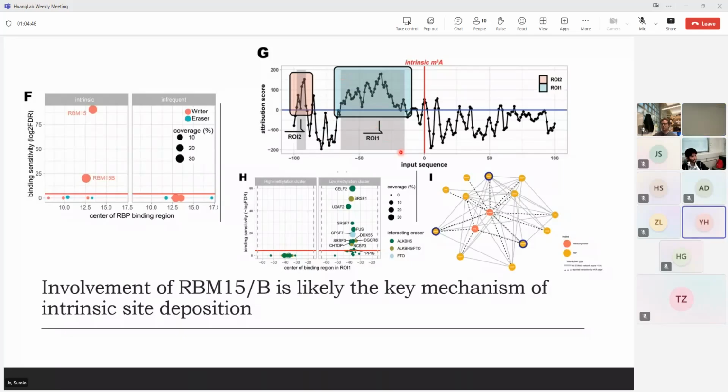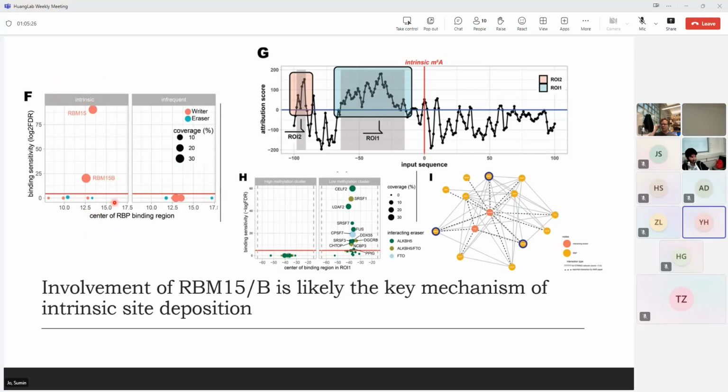Sorry, I want to jump in just to give a little background on why you're doing this. In the figure, you showed that RBM15 and 15B are the writer proteins unique to intrinsic sites, so they function to methylate m6A in this tissue-independent fashion. However, this doesn't explain why the methylation levels across different intrinsic sites are different.